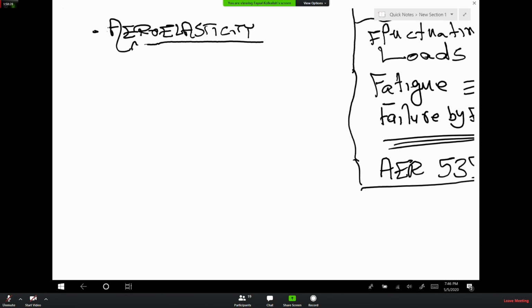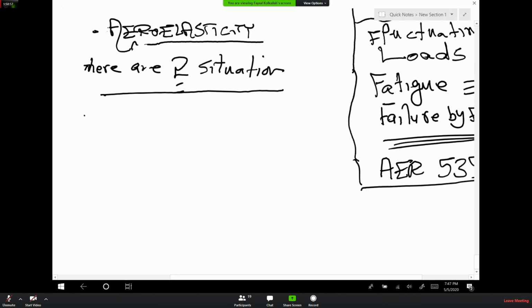We said that. But there are two, what do I want to call them? Two phenomena, two scenarios, or two situations, whatever, situations. And let me also write phenomena, because many books use it; they are the same, really.